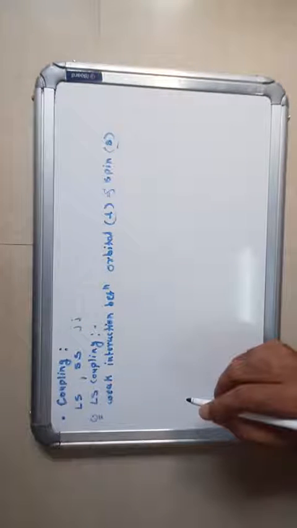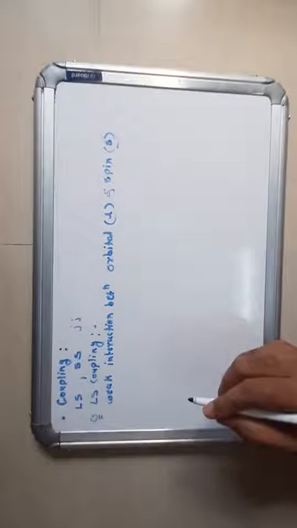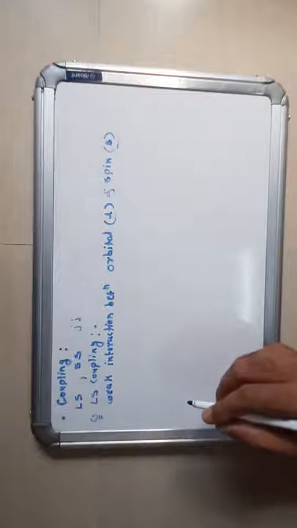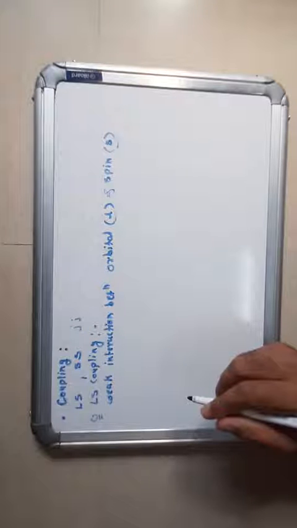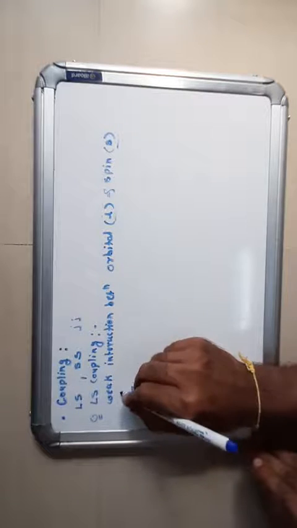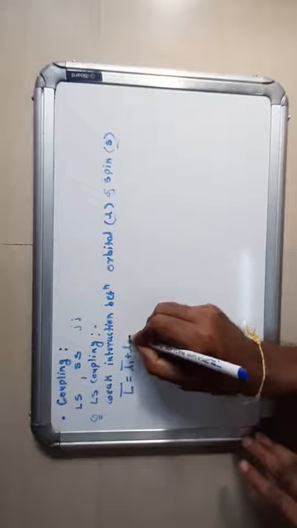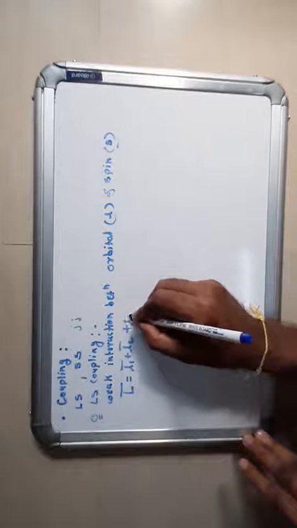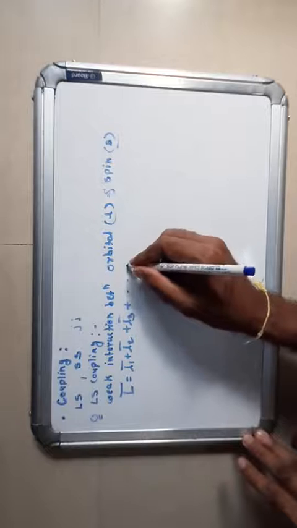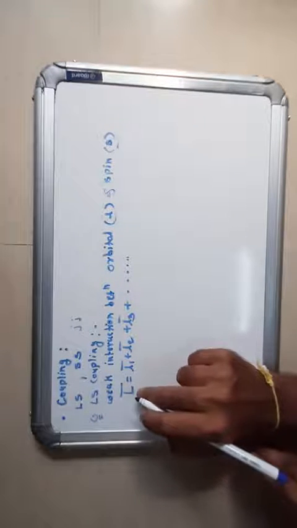Then, instead, the orbital angular momentum vectors of all nucleons are assumed to be coupled to give rise to the resultant angular momentum, given by L bar equal to L1 bar plus L2 bar plus L3 bar and so on. This is the resultant angular momentum.